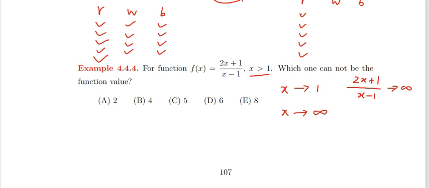If x goes to infinity, this number is close to 2. Let's say x equals 1000: the numerator is about 2000, the denominator about 1000, so it is closer to 2. So this number can be any number from 2 to infinity, but it cannot be exactly 2.